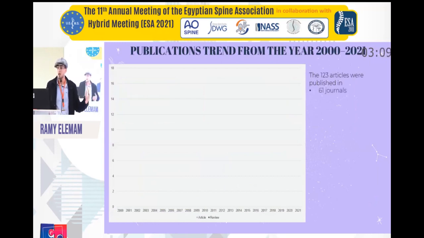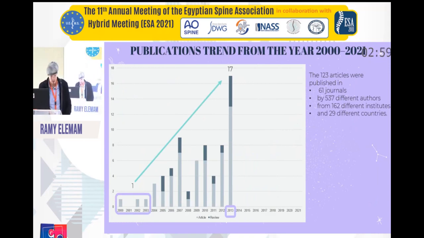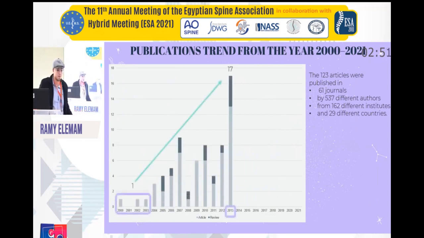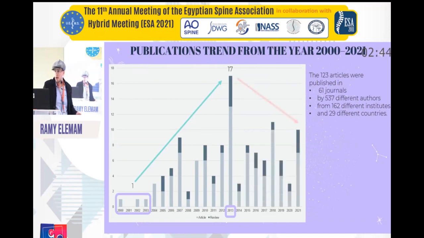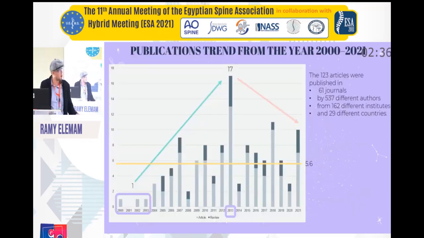First off was the publication trend from the year 2000 till 2021, which showed a sharp rise from around one publication per year from 2000 to 2003 to 17 in 2013, and decreasing from that point onwards. This also resulted in an average of 5.6 publications per year.